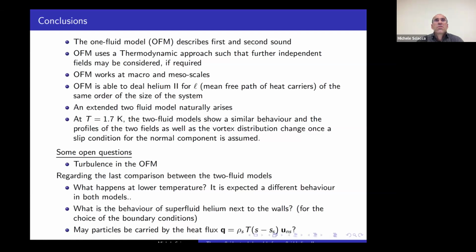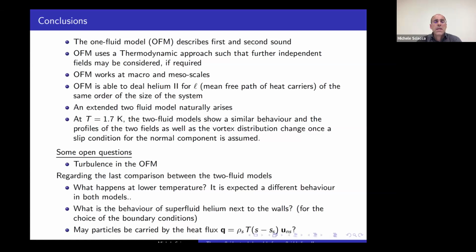The situation of heat transport, for instance, we think is better understood when you consider the one-fluid model. Other situations which are closely related to hydrodynamics may be handled by the two-fluid approach.